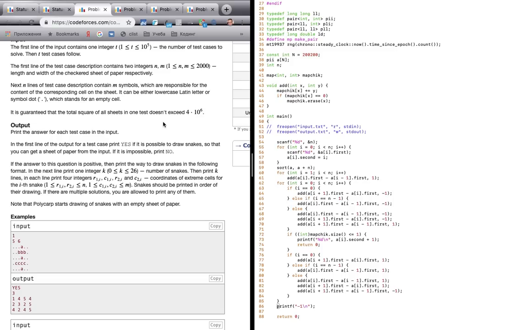Then we will do the next thing. We want to find the possible position of the segment. If it's not a segment, we just say that the answer is impossible. How to check that?